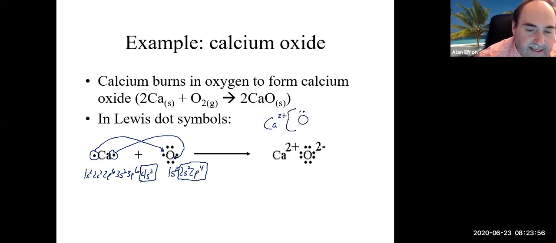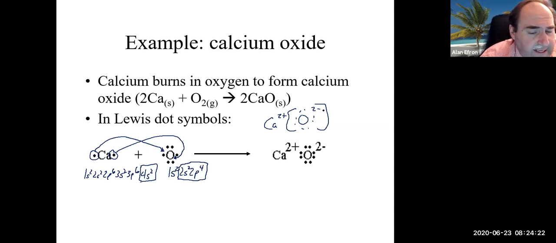Our oxygen gains those 2 electrons and also gains a -2 charge. And again, it's that attraction between the positively charged calcium, or cation, and the negatively charged anion, which is our oxygen here, our oxide, which has a -2 charge.